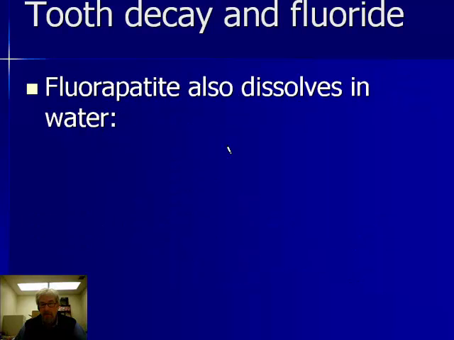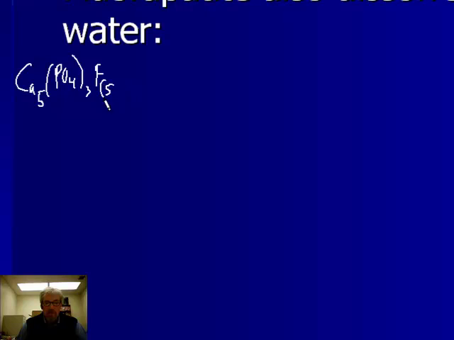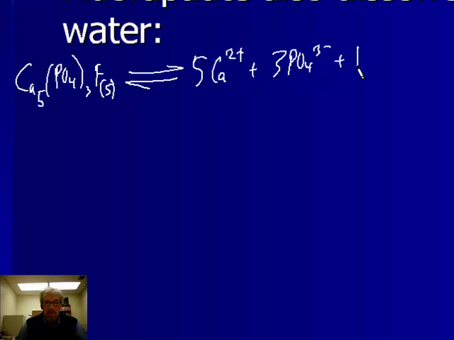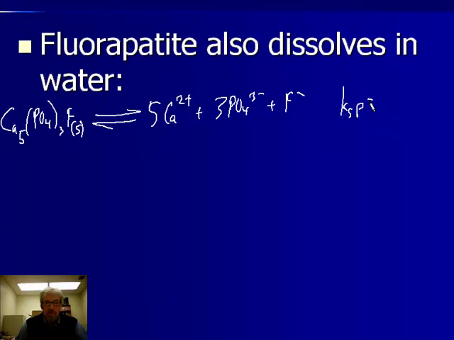Well, fluorapatite is also going to dissolve in water. So I have my Ca5(PO4)3F solid, and it dissociates to give you 5 calcium ions and 3 phosphate ions and an F-. But Ksp for this reaction is 1 times 10 to the negative 60th.